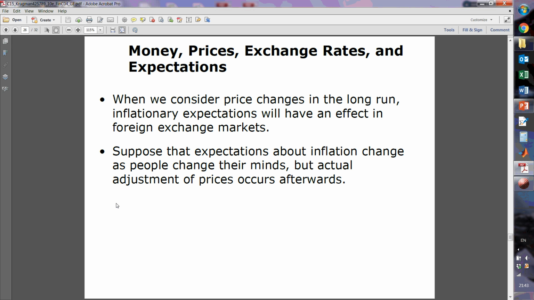Right, and this is actually what we're going to do right away. Let's just assume that prices are sticky initially and eventually adjust. Unlike prices, the exchange rate can move immediately, and that's very realistic. So let's say that prices are not adjusting for reasons of so-called menu costs, which you may have heard of. A menu cost is literally the cost of printing a menu, but in general, the cost of changing a price.